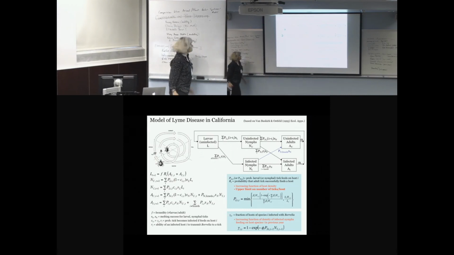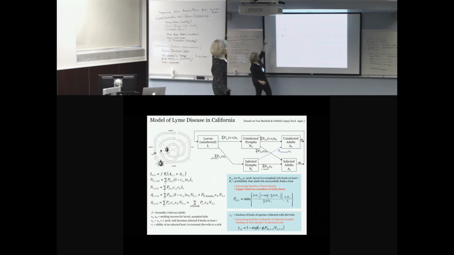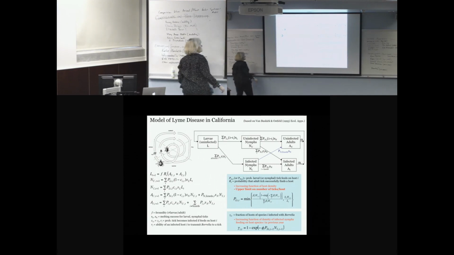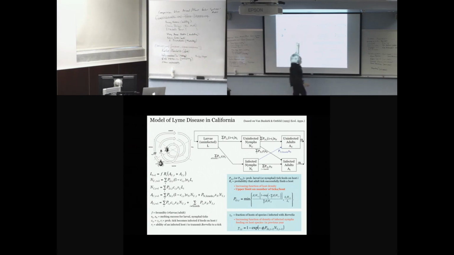And our model ended up being basically, because we have this yearly pulse of all of the stages, a discrete time model describing the dynamics of the larval ticks, nymphal ticks, and adult ticks, both in the uninfected and the infected class.